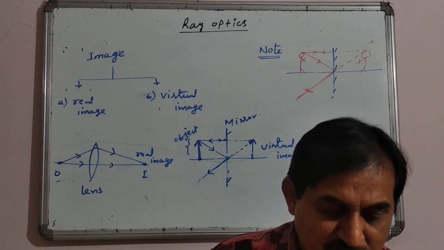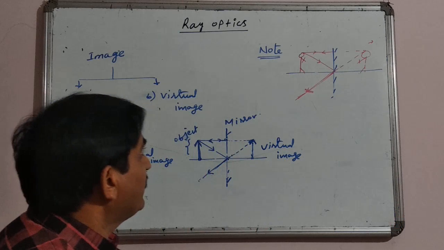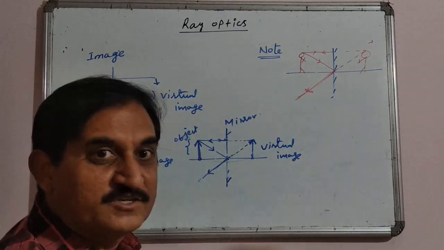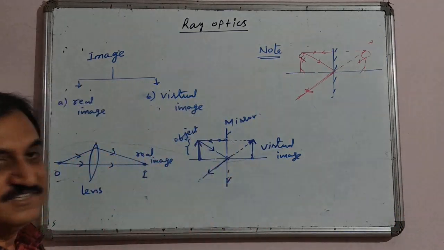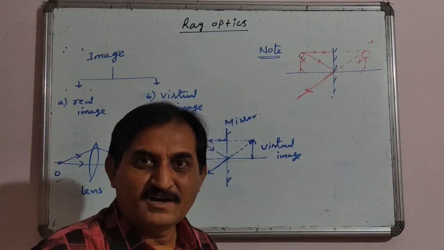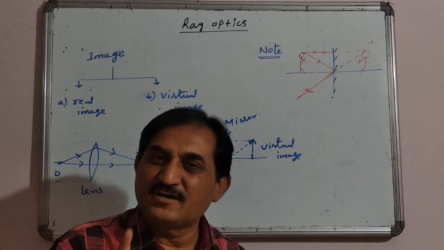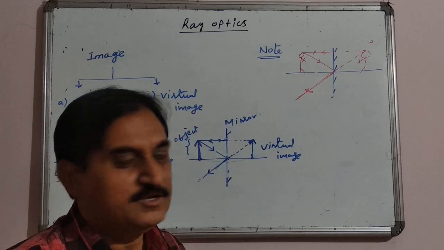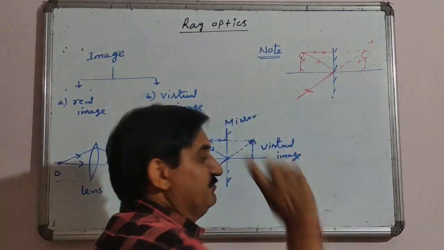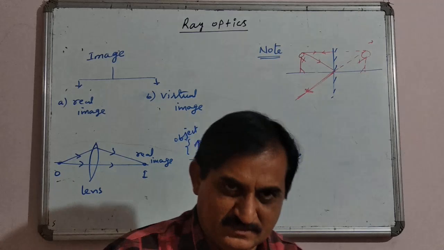Regarding real and virtual, we discussed just now. If you go for one suitable example, note: a plane mirror does not always give a virtual image, it can also give a real image. For example, a person is standing in front of a plane mirror.